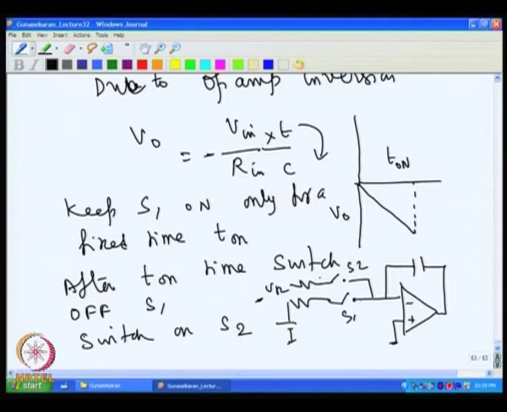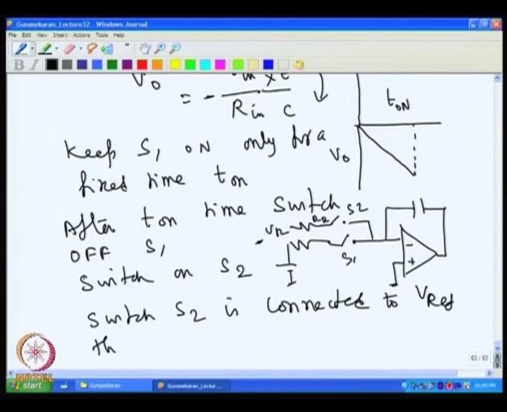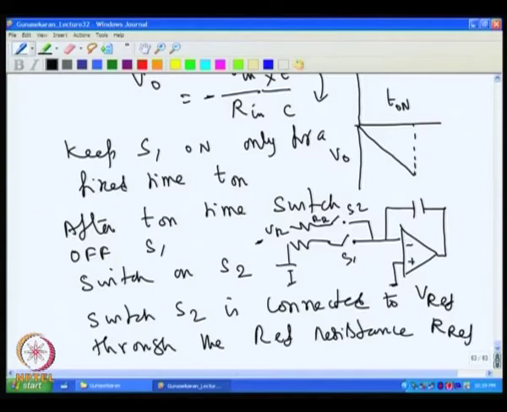Now, you will have a current through this R reference. That current will be opposite to that of the original current. Switch S2 is connected to V reference through the reference resistance R reference.